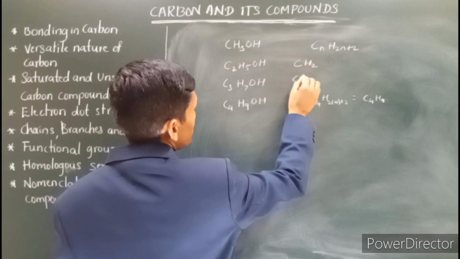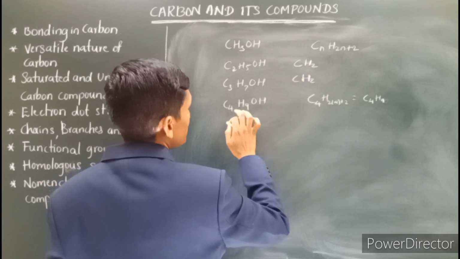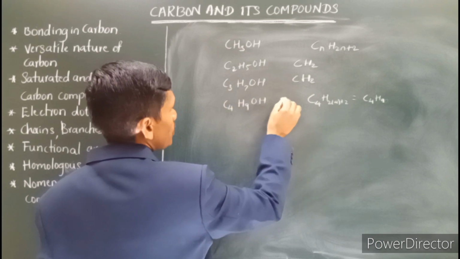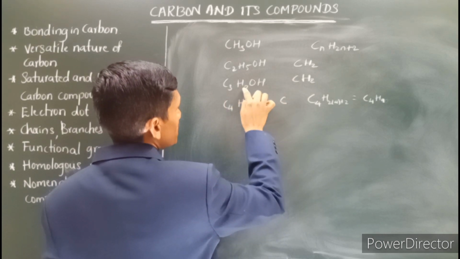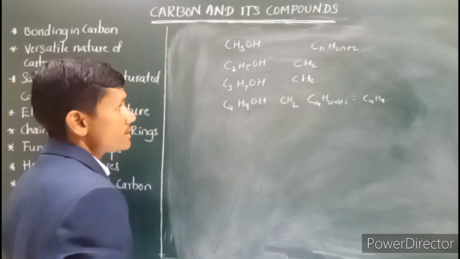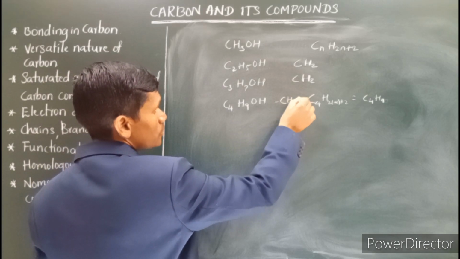Here 5, here 7. CH2. Next, again 1 carbon extra, here 3, it is 4. And here 7, it is 9. Here 2 hydrogen extra. Means in the next higher member, it is just differing by 1 CH2 group.